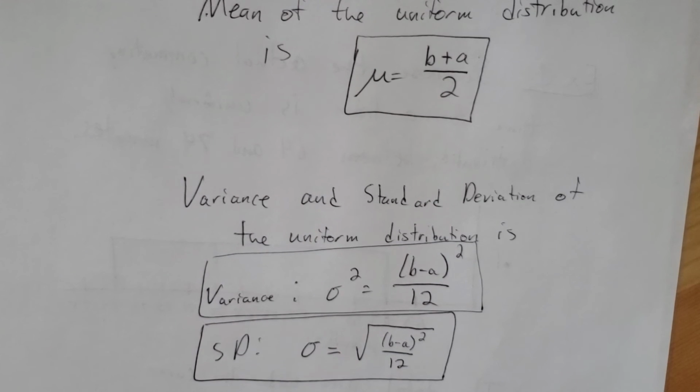And that's it. So if you have a question that asks you for the mean and standard deviation or the variance of a uniform distribution, just plug it into the appropriate one of those three formulas. And of course, what are b and a?